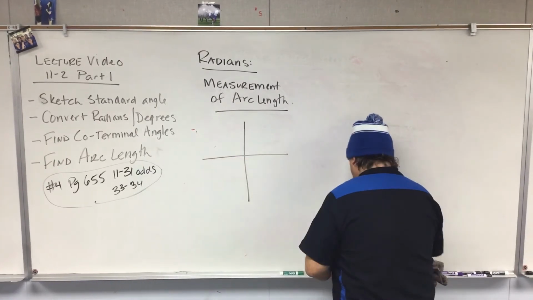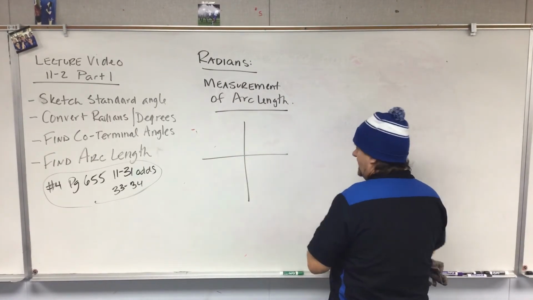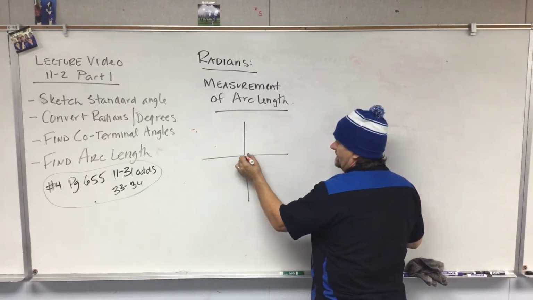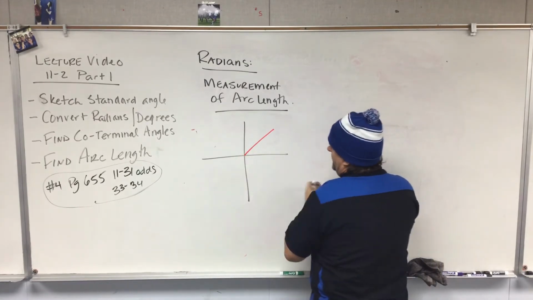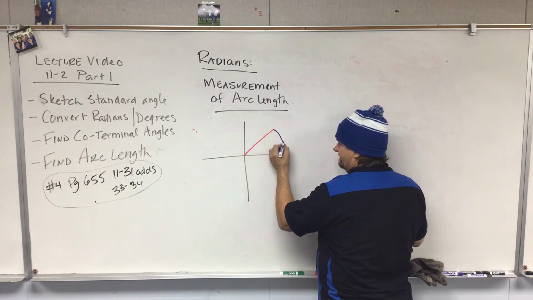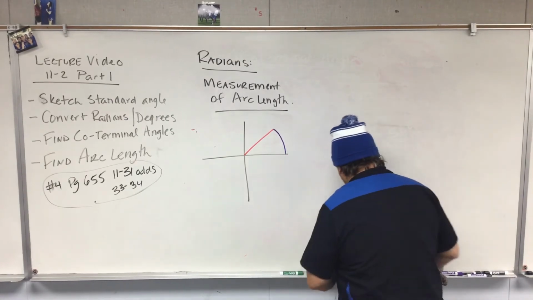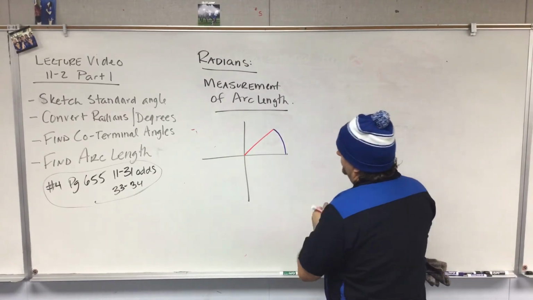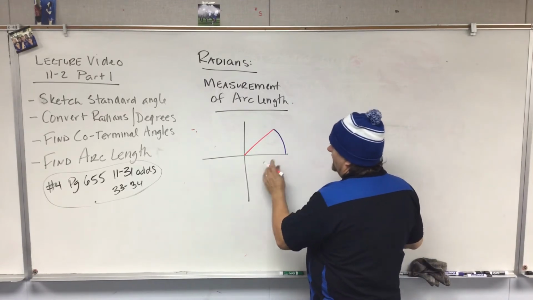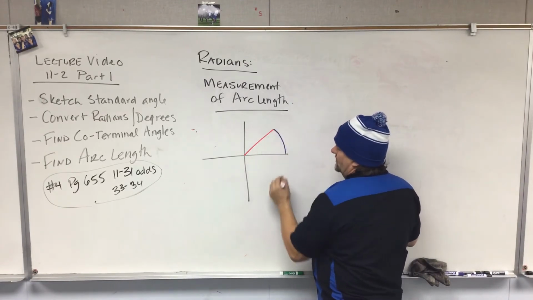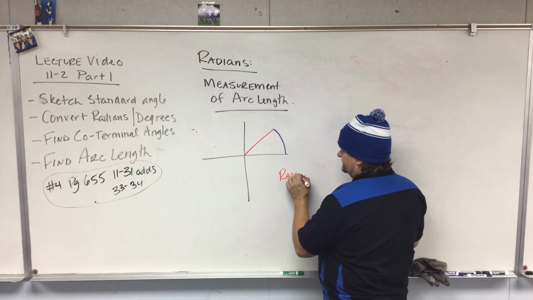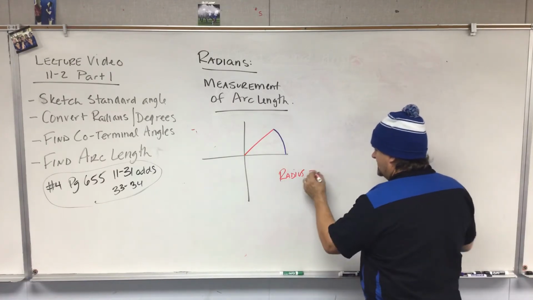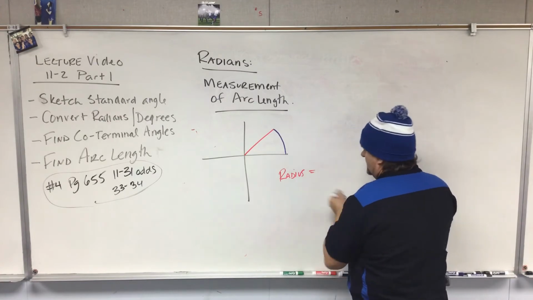So let's draw our x-axis. And let me just draw a triangle here. Let me do a purple color here. All right, so this is what a radian is. A radian is a measurement where the radius is equal to the arc length.